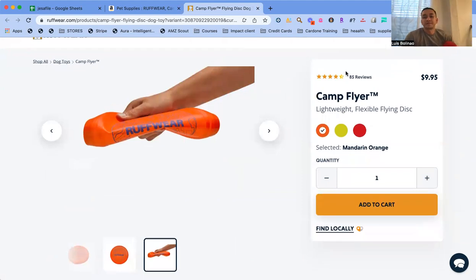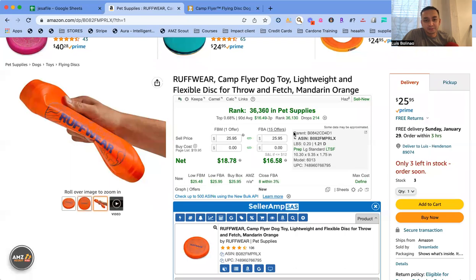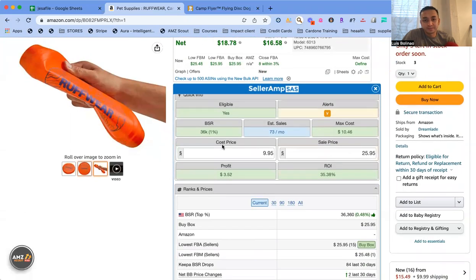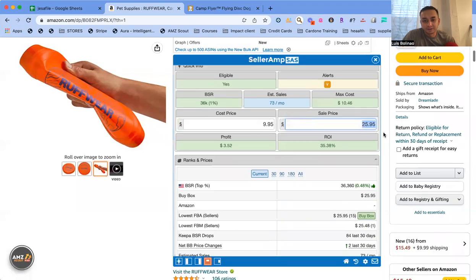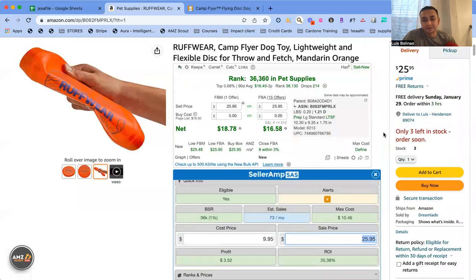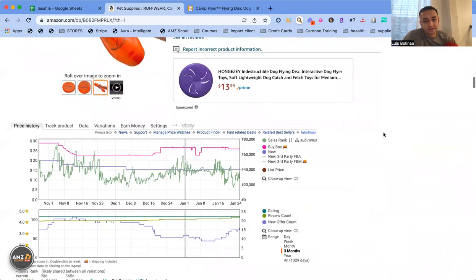From here, you get the price of your product and plug it in on your Seller Amp. Your cost would be your supplier's price, and your sale price would be Amazon's price. Right now, this product is selling at about $25.95. You can verify this by looking at Keepa.